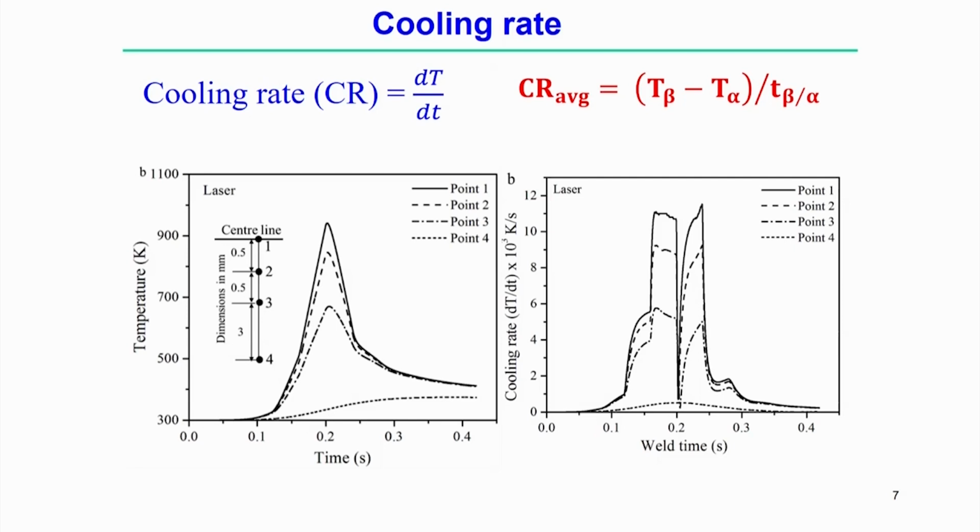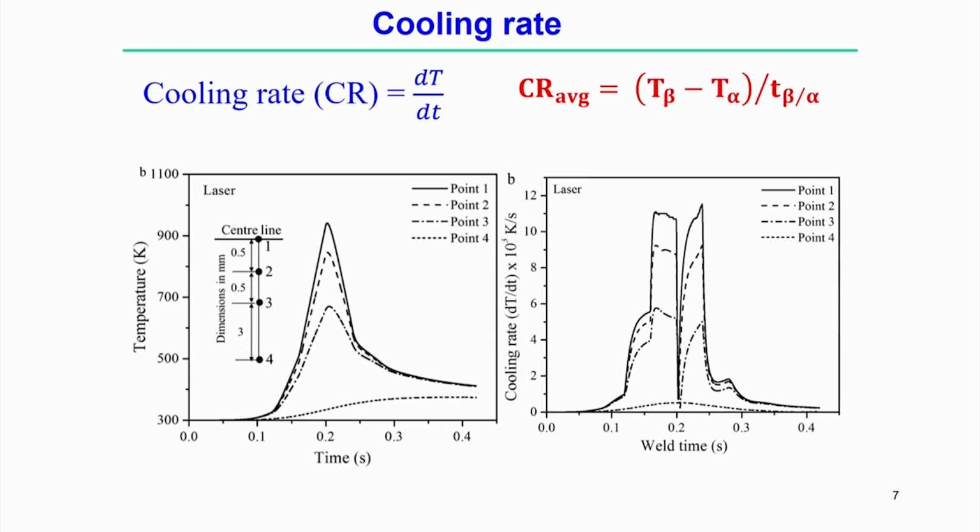Cooling rate is a very significant parameter, and we will see in the solidification process that it is very important, because by looking at the cooling rate, or using the information available in the phase transformation diagrams, for example the TTT diagram, the CCT diagram and the continuous cooling diagram, we can estimate the expected microstructure in a weld joint for a typical cooling rate. That is why it is necessary to estimate the cooling rate during the welding process.